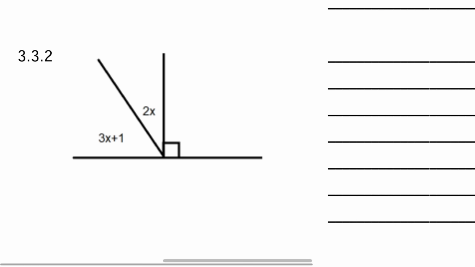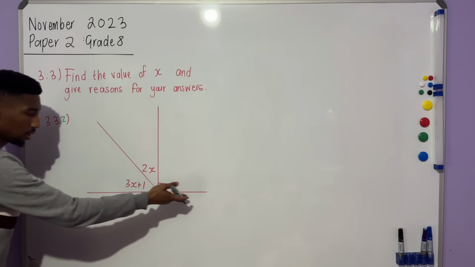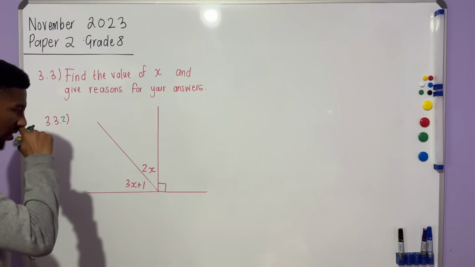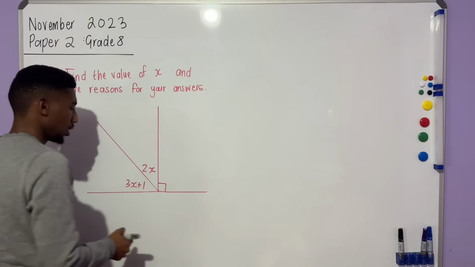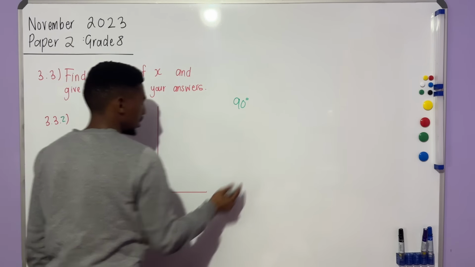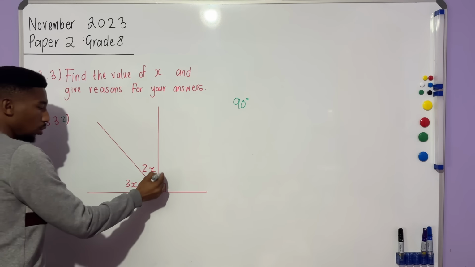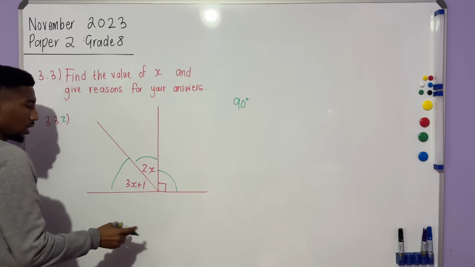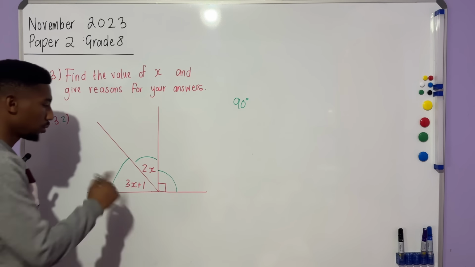3.3.2. We need to find x, and we need to give reasons for this. Again, that's a straight line, and a straight line is divided into 3 different angles. So we know that this sign means 90 degrees. And you know that all the angles on a straight line, when you add them all together, give you 180. So we're going to do that.